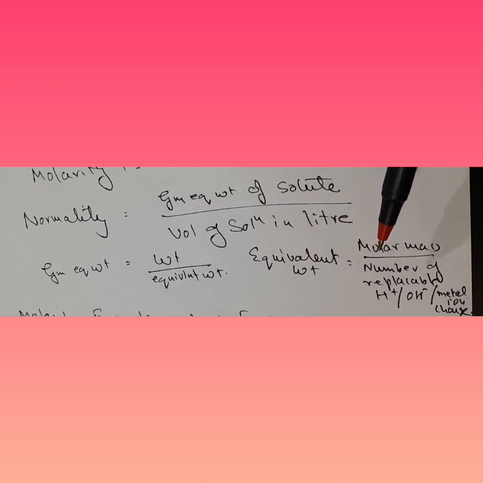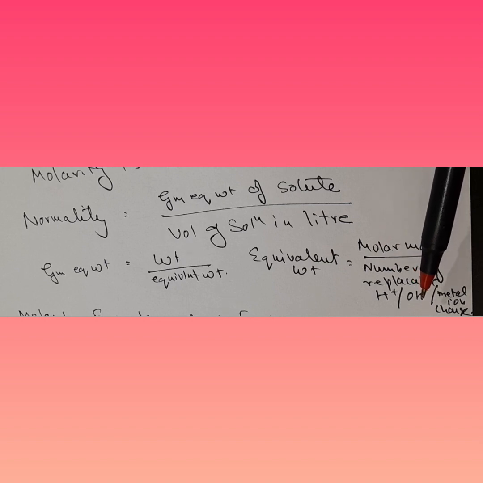Whereas if I take sulfuric acid, H2SO4, its molecular weight is 98 grams, and it has got two replaceable hydrogens. So 98 divided by 2, that would be 49. So equivalent weight would be half in case of sulfuric acid. Now sodium hydroxide, we know is 40, divided by 1 hydroxyl.